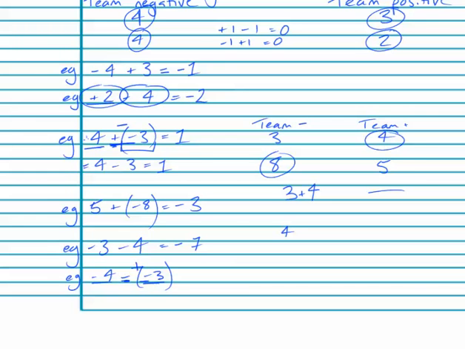Losing a negative is just like having a positive. So really, 3 people on team positive. Team negative still winning, but they lost 3 of their negative people. So we've got just down to -1. Taking away a negative is a positive.